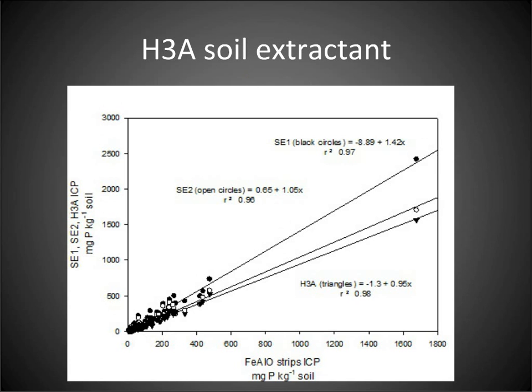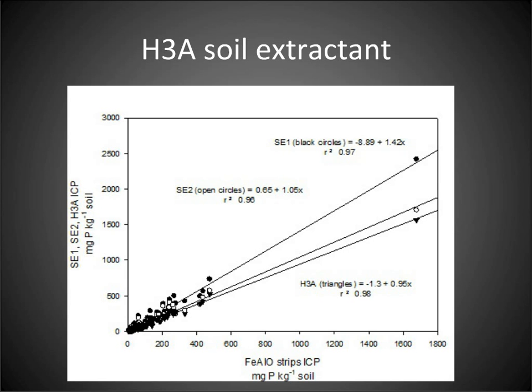And this graph is the same data, but I went back and I've done 3 different derivatives of the original extractant, and I was really clever with the names. I call the original one SE1, which is soil extractant 1, and then I made soil extractant 2, and now H3A is the final iteration of that research. And you can see that the slope started out 1.42, then I got 1.05. I was getting there, and then the final one the slope is 0.95.